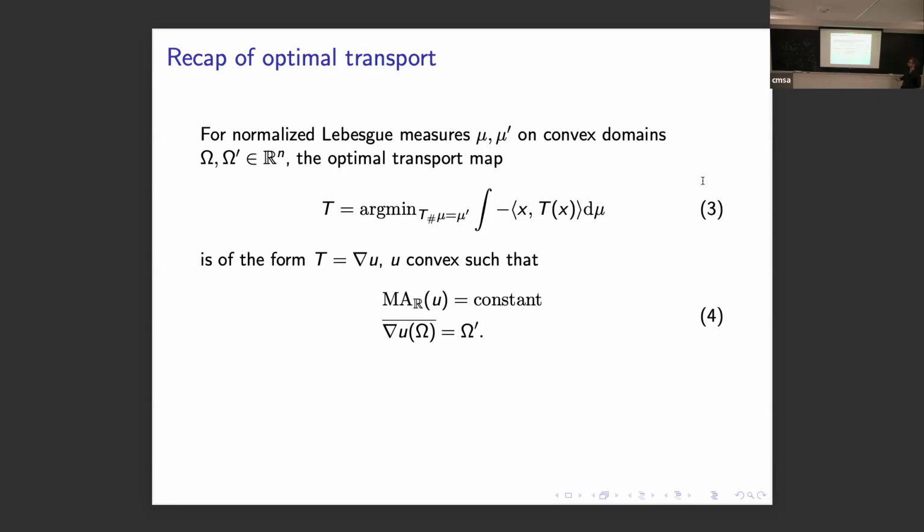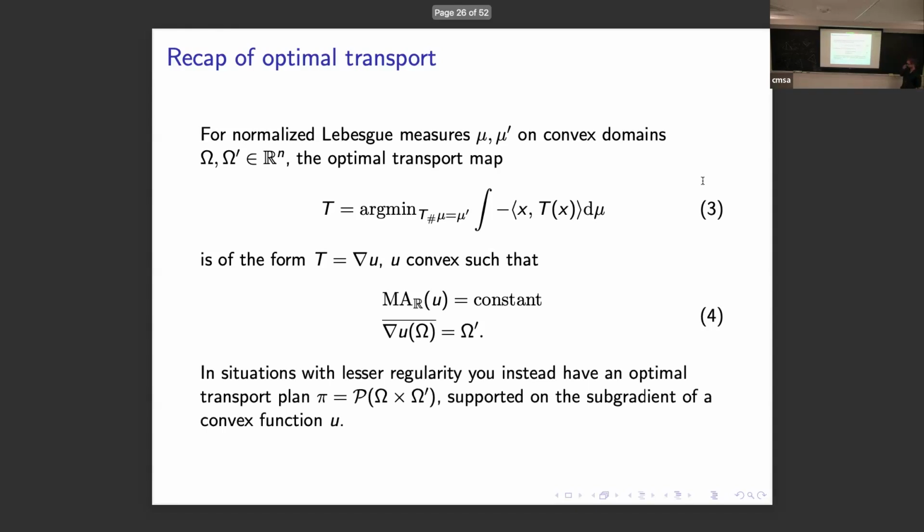This is a particularly nice setup. There's some regularity which gives you existence, and you can consider this equation classically. But with less regularity, you might not have that. So the best that you have in a very general setup is an optimal transport plan.